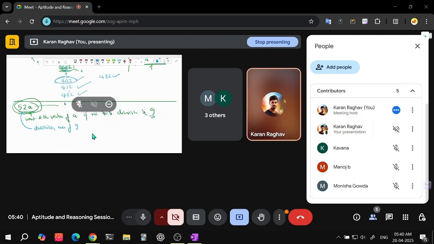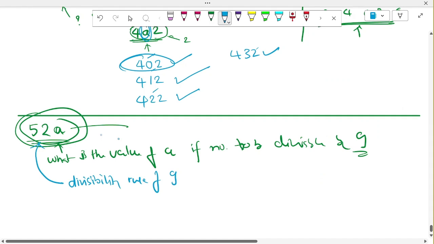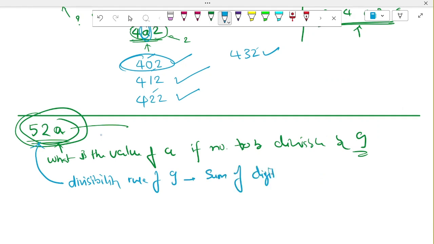For divisibility by 9, the sum of digits should be divisible by 9. This is the rule.